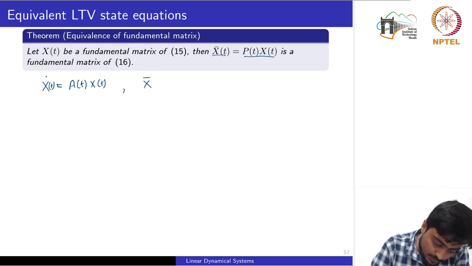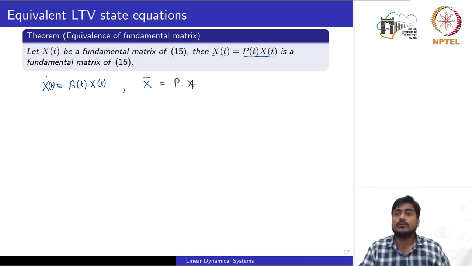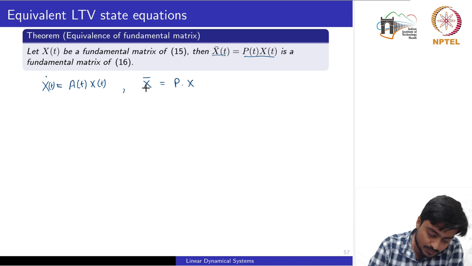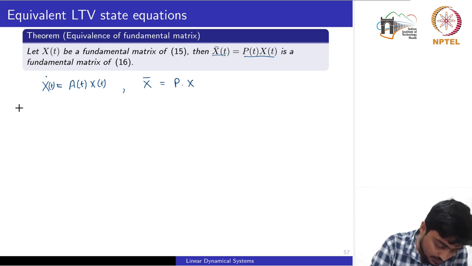We know that X bar is equal to P X. Whenever possible we won't be using time as the argument, so it is implicitly clear that I am talking about X bar(t) equals P(t) X(t). First, we know that P(t) is non-singular.